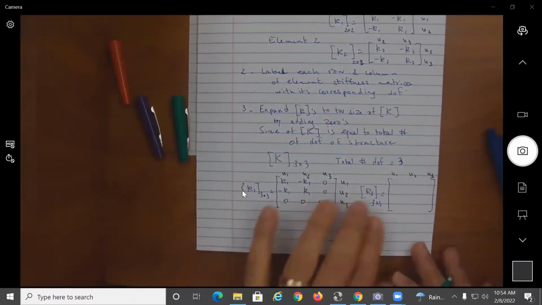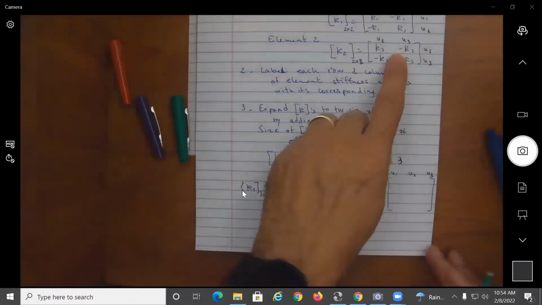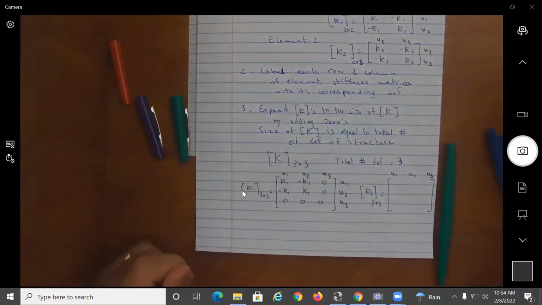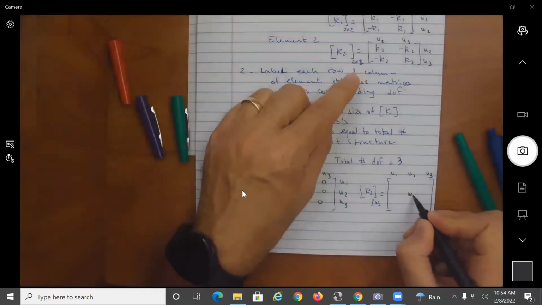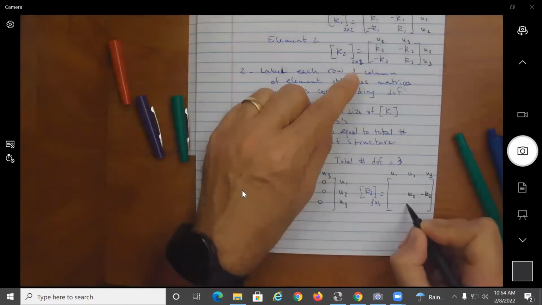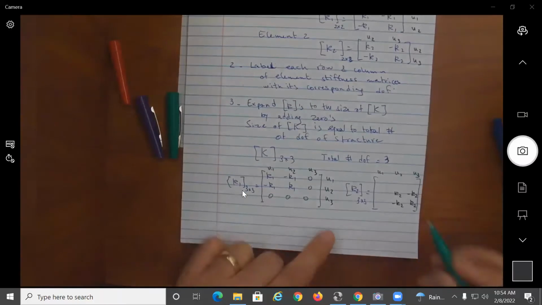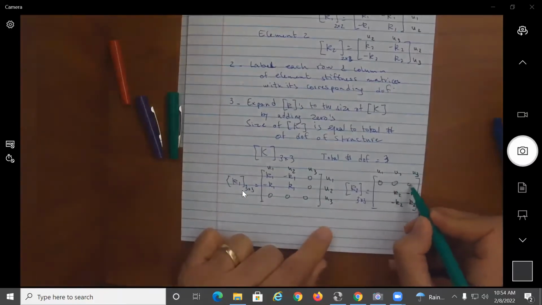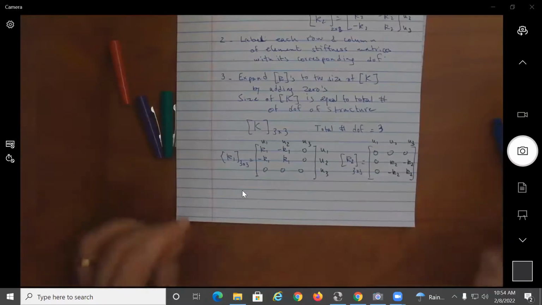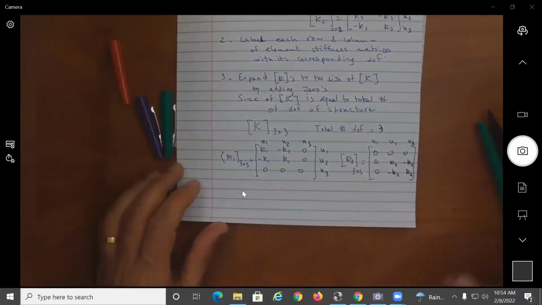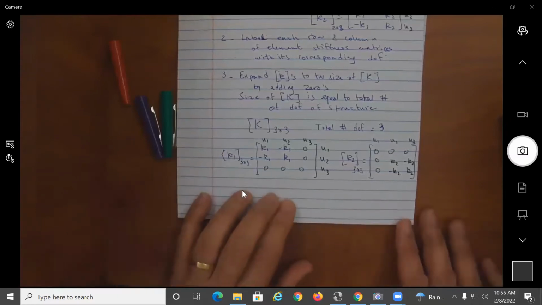So now if I want to fill in here, these are going to show as a K2, minus K2, minus K2 and a K2. And I'm going to fill in zeros everywhere else where I do not have entries. Is that step clear?